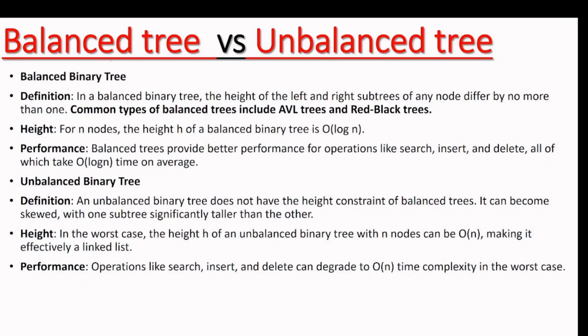If you remember this page, I have included one of the videos where we understood the balanced binary tree. In the definition I said, in a balanced binary tree, the height of the left and the right subtree of any node differ by no more than 1. The common types of balanced tree are the AVL tree and the red black tree.